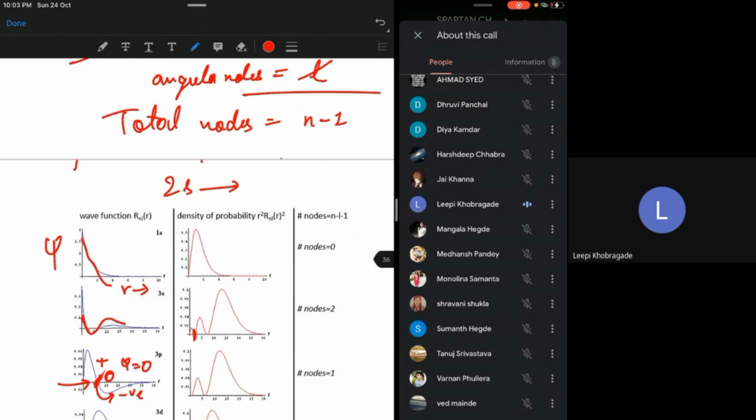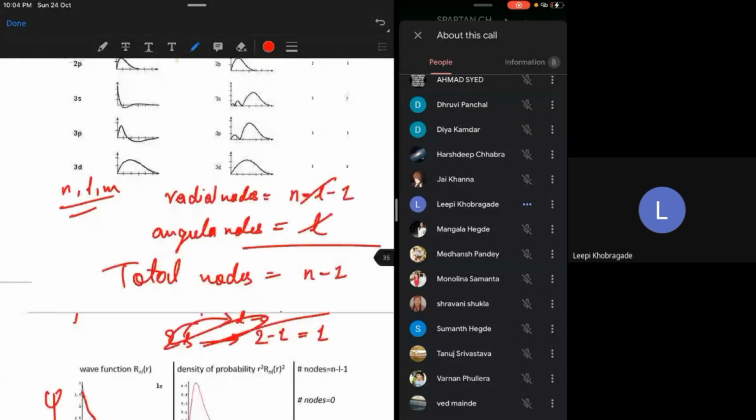Bhaiya, 1. How? 2 minus 1. How many angular nodes in 2s? Bhaiya, 0, because l equals 0 for s. Right? That's it.